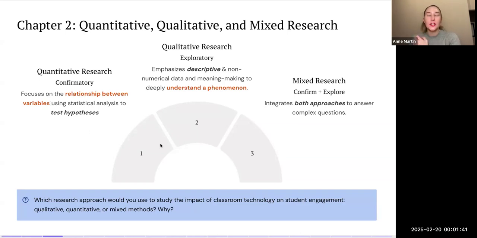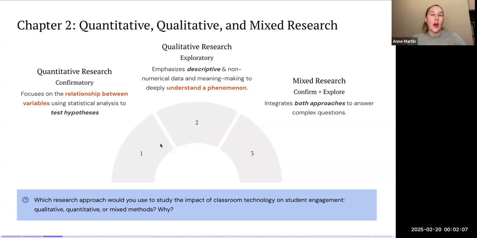Now, qualitative research is exploratory or inductive, and that is focused on using descriptive and oftentimes non-numerical data to make meaning and deeply understand a phenomenon. So it might be focused on describing, understanding, perspectives, and it is exploratory because there are no variables that you're trying to hypothesize about.